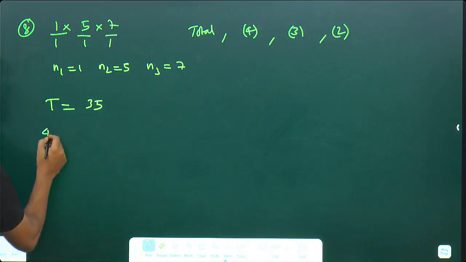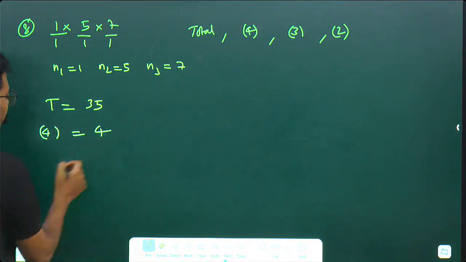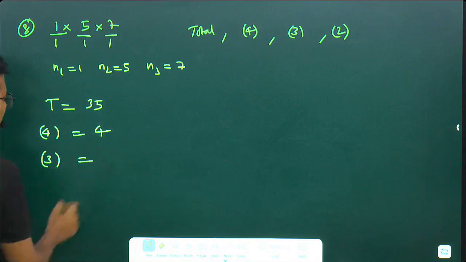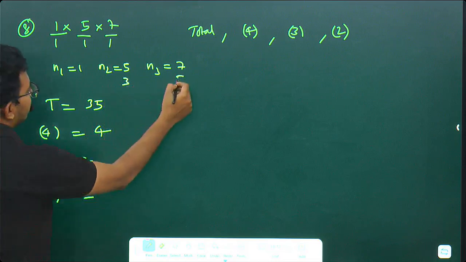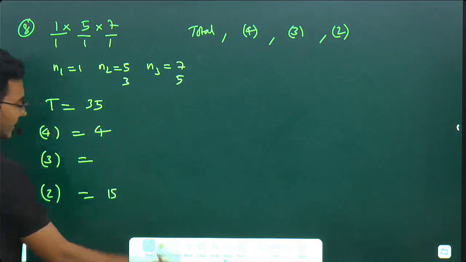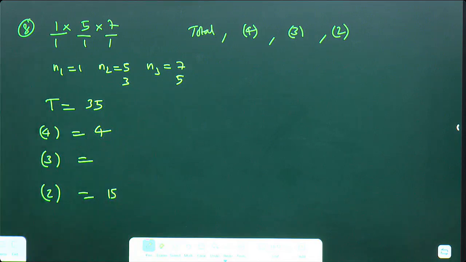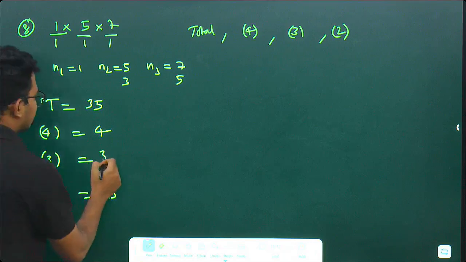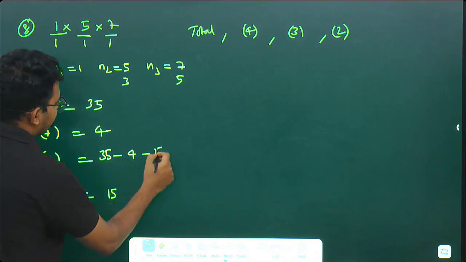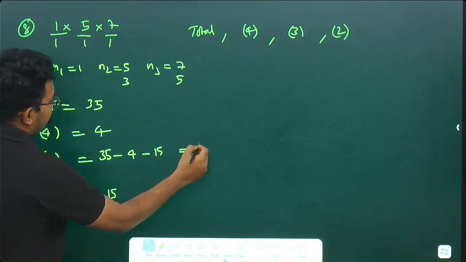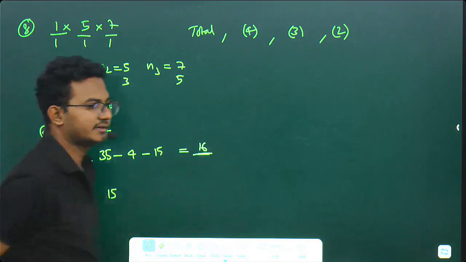Next, 4 surfaces painted will be 4. 3 surfaces painted, I don't know yet. 2 surfaces painted, I have to find out, which is 3 into 5, which is 15. Now 35 minus 4 minus 15 is 16, and the 3 surfaces painted will be 16.